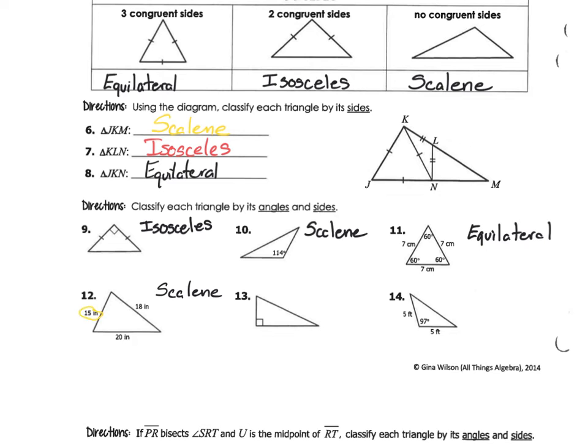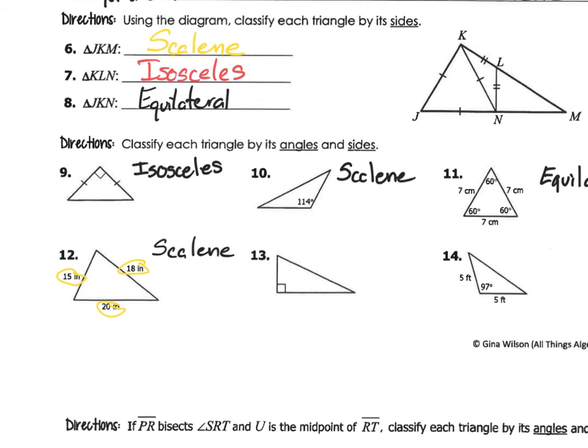Because if you look here, none of these are the same. 13, good. And then your last one. How many sides does it have that are the same? 2, so that would be, good.